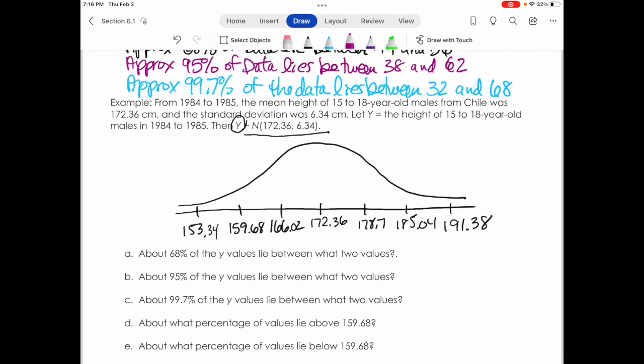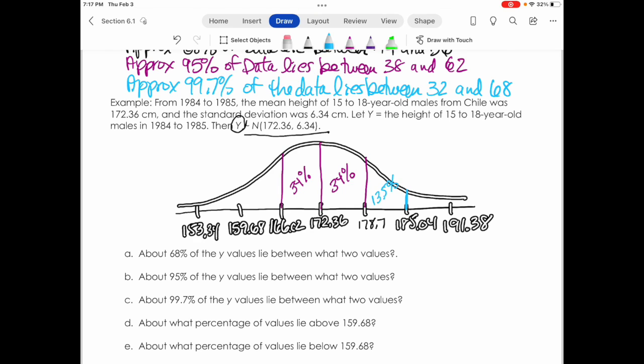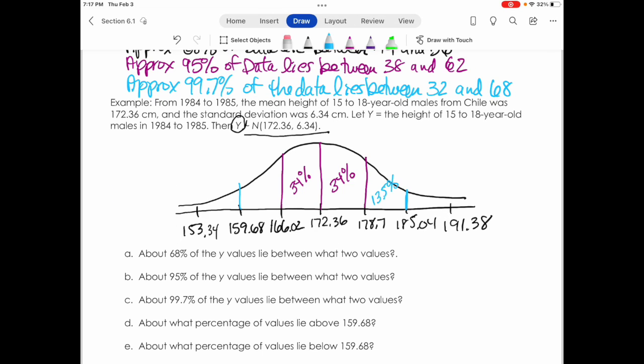Now, using our chart from the empirical rule, I know that this represents 34% of the data. This represents 34% of the data. So for the total purple area, that's going to be 68. Then I know this is going to be 13.5%. And this is going to be 13.5%.